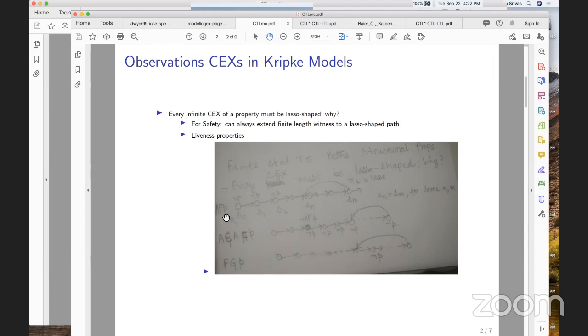The simplest kind of liveness property is AF of P, that eventually some property holds good. So what is a violation of AF of P? A violation is an infinite path in which P is never ever true. That means it has to be not P forever.